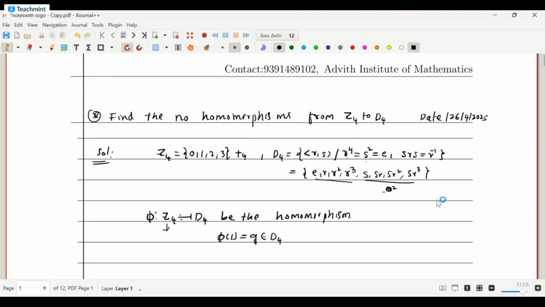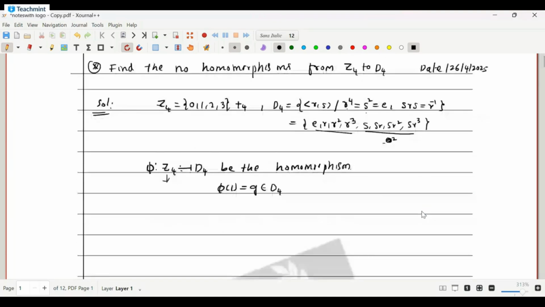So if pi is a homomorphism, then identity element should map to identity element, kada. So therefore pi of 4, where pi of 4 can be written as pi of 1 plus 1 plus 1 plus 1, which is equal to, since pi is a homomorphism, pi of 1 whole power 4, right? But 4 is nothing but 0, identity, sir.